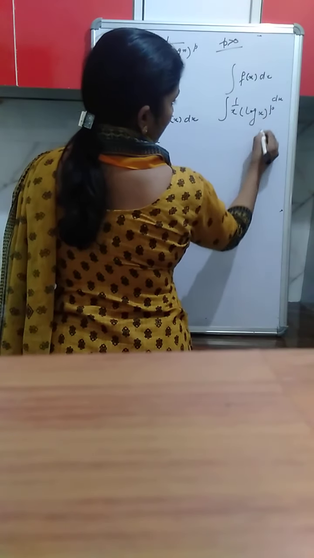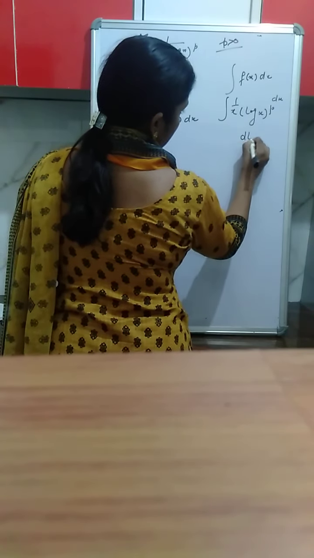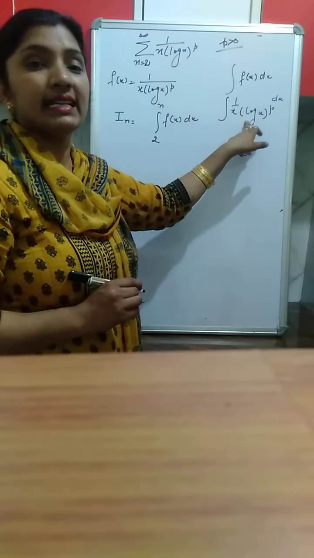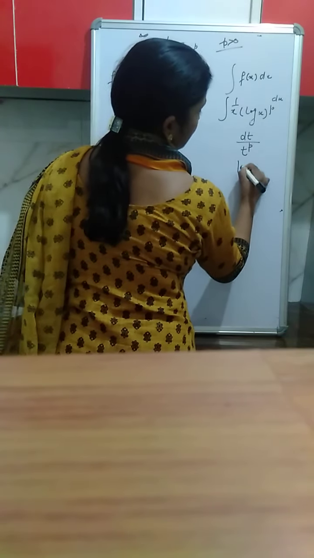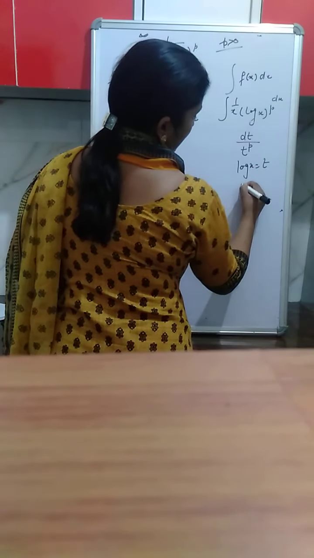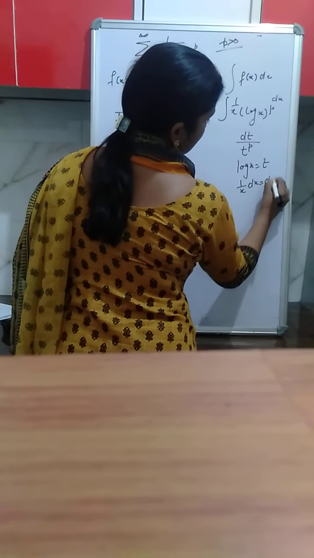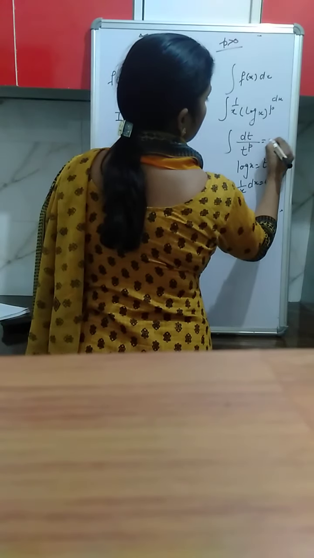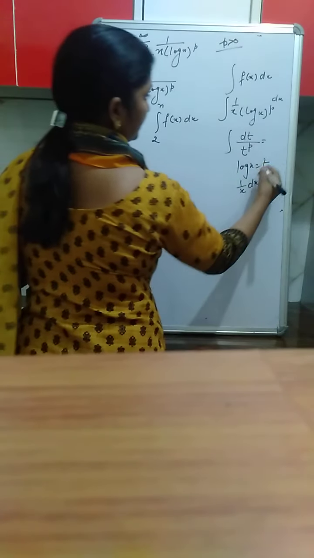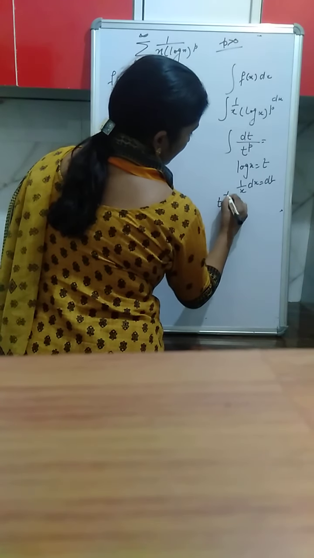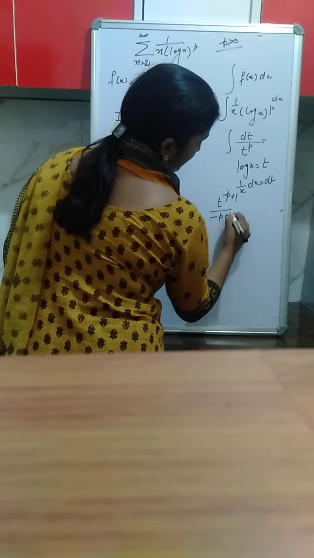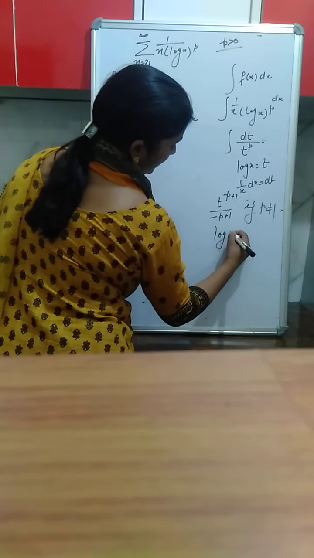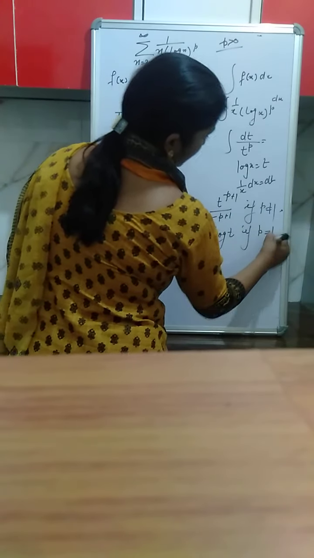If I put log x as t, then 1 upon x dx is dt. So it is the integral of dt upon t^p, and if p is not equal to 1, this is equal to t^(-p+1) upon (-p+1), and this is log t if p is equal to 1.